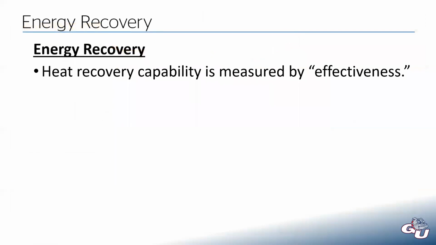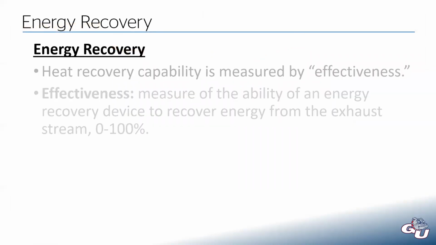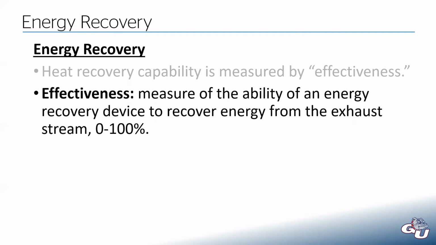When we're talking about how good our heat recovery is, that is measured by what's called effectiveness. And the effectiveness of a heat recovery system is an expression of the ability to recover the heat energy in the exhaust stream on a scale from 0 to 100%.